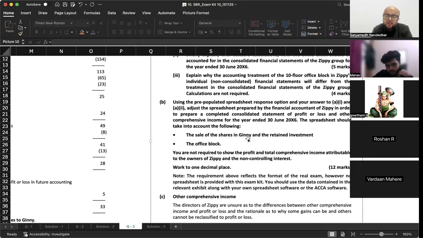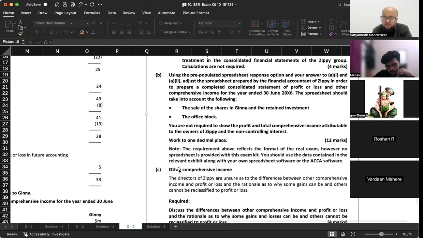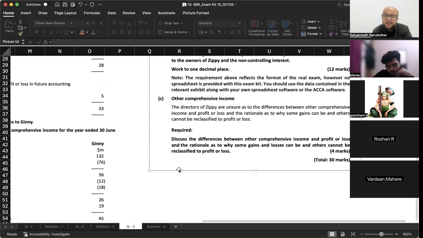The spreadsheet should take into account the sale of shares in Ginny and the retained investment, the office block. You are not required to show the profit and total comprehensive income attributable to the owners of Zippy and NCI. The requirement reflects the format of the real exam, but no spreadsheet. Okay, fine. We don't want that also.